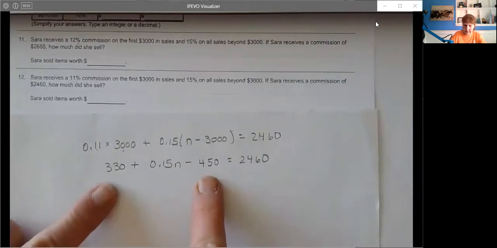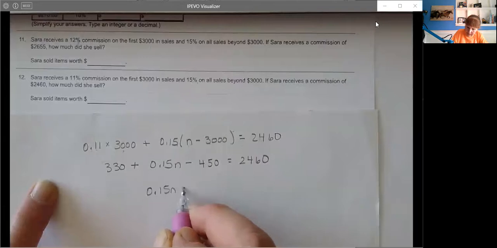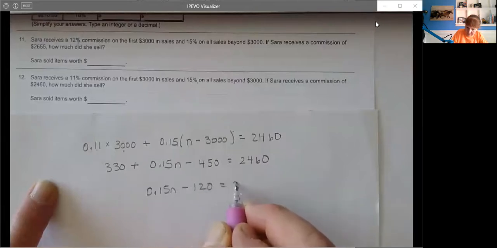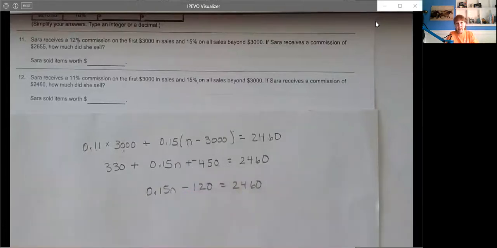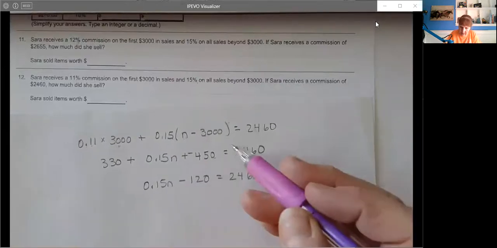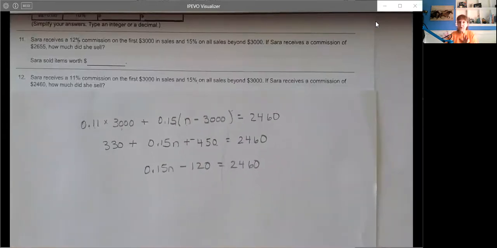Now we can combine these two because they are like terms. So you have a negative 450 and a positive 330, which is a negative 120. Those are on the same side of the equal sign. So always simplify the sides before you start to move. Now we start to move.